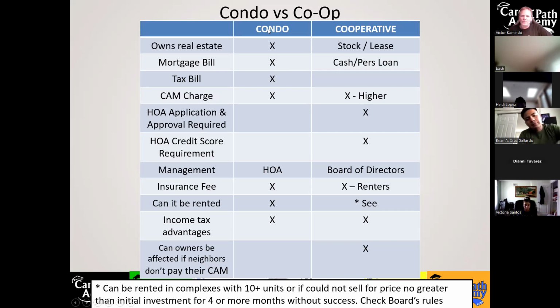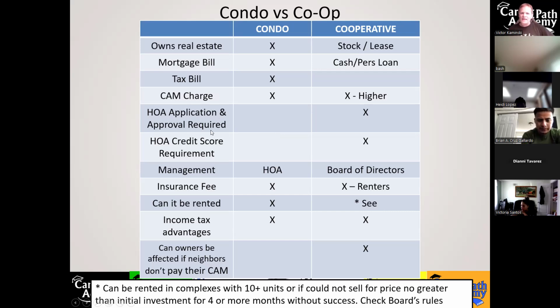You get a tax bill with a condo. You do not on a co-op because you don't own real estate. You get a monthly maintenance CAM charge with condominiums. You also do with co-ops, but they're much higher because they include the underlying mortgage and tax bill that the corporation gets. They pass on those payments to all the tenant shareholders.